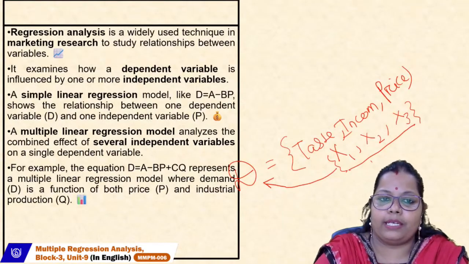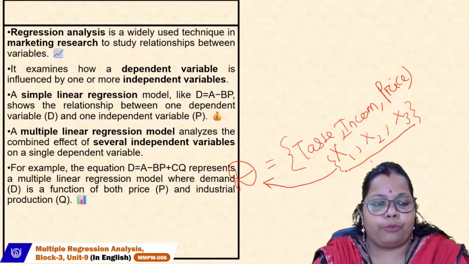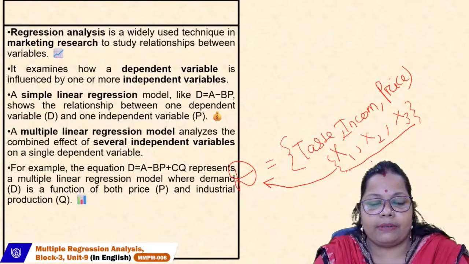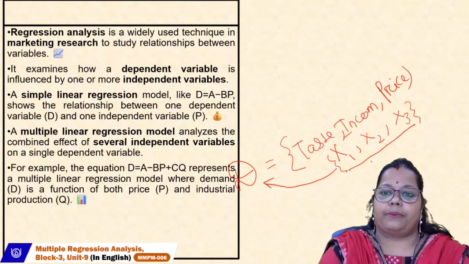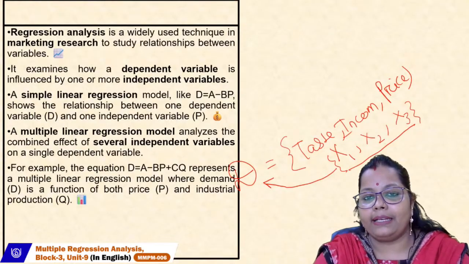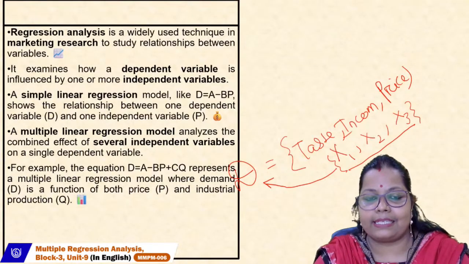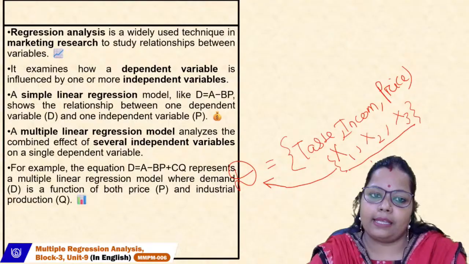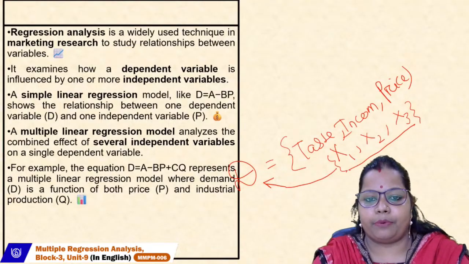This could be calculated by a formula, or we can say by a statistical technique, that is multiple regression. So here we have a set of n independent variables in our research, and there is only one dependent variable.